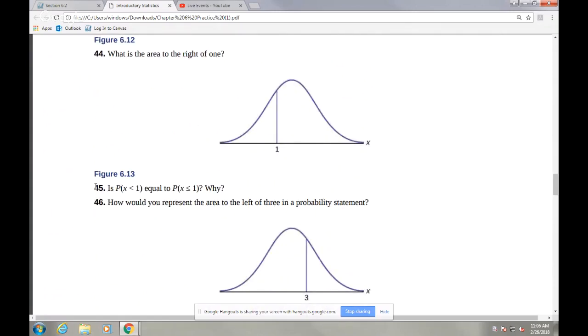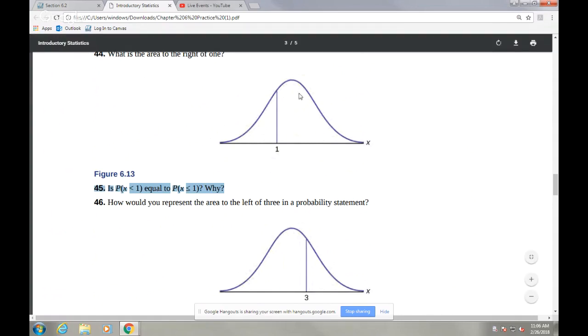Problem 45 will be the first one I go to, okay? So the question it asks is, is the probability of x less than 1 equal to the probability of x less than or equal to 1, and why is that? So again, this is a normally distributed random variable.